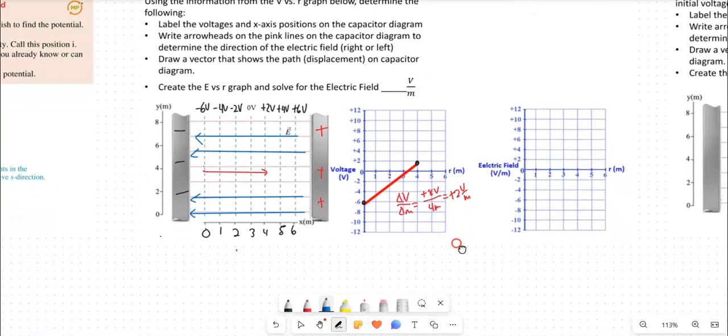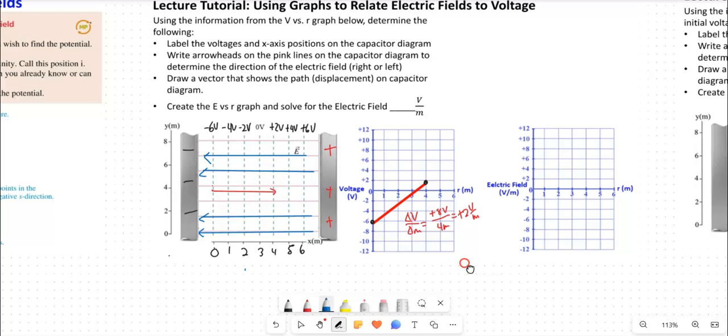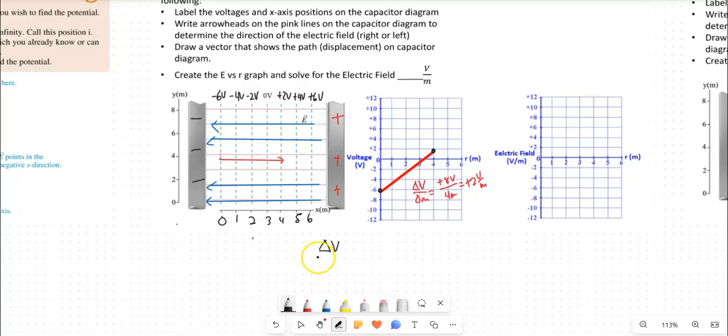And again, this is the reason why in that equation it's a negative E dot r. So that change in voltage over change in meters is equal to negative E. And so this change in voltage is positive 2 volts per meter. So the electric field is going to be equal to negative 2 volts per meter. Negative 2.